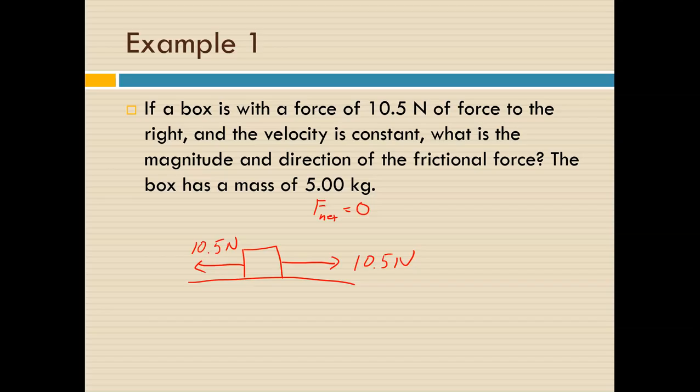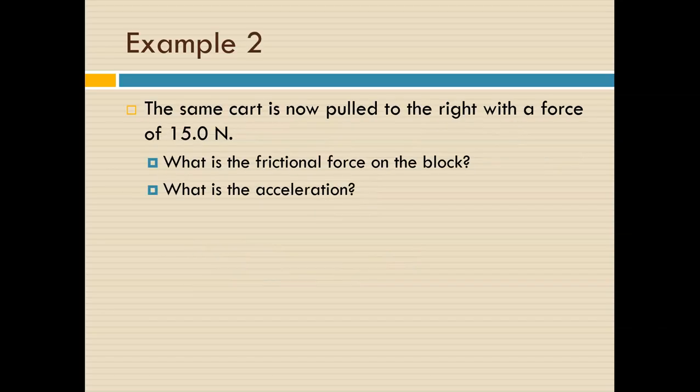In example number 2, the same cart is now pulled to the right with a force of 15 newtons. Since we're pulling to the right with 15 newtons, what's the frictional force and what's the acceleration? As you should have seen in lab number 7, the frictional force does not change. It will remain the same as the box slides. So if the frictional force is 10.5 newtons, then the acceleration depends upon the net force, where F net equals ma.